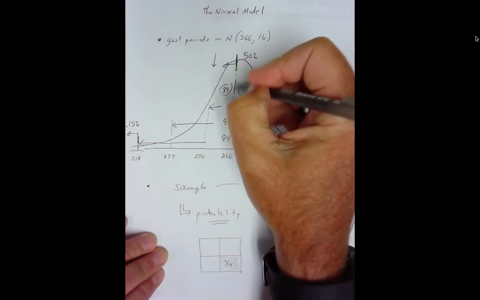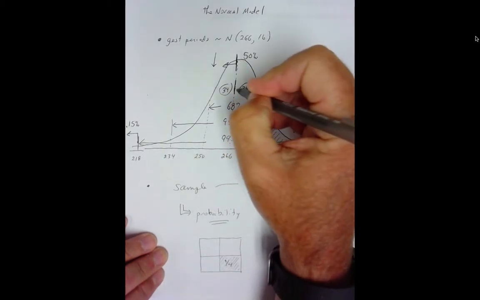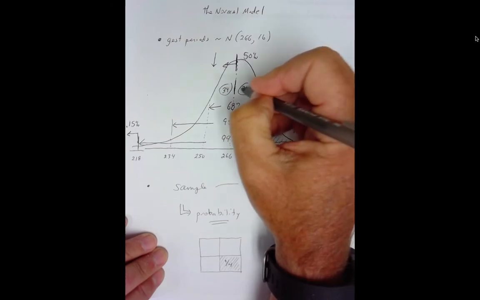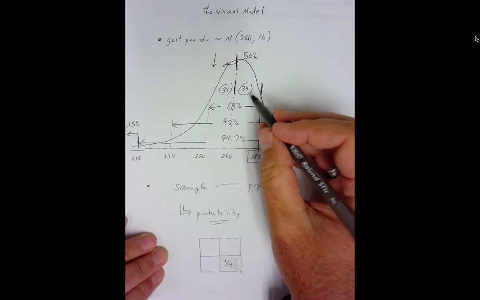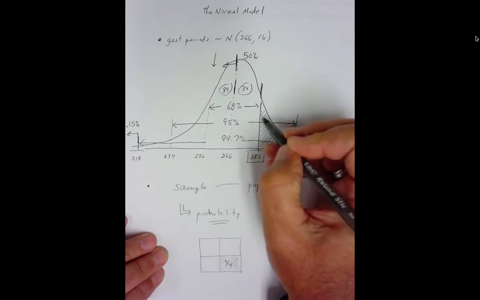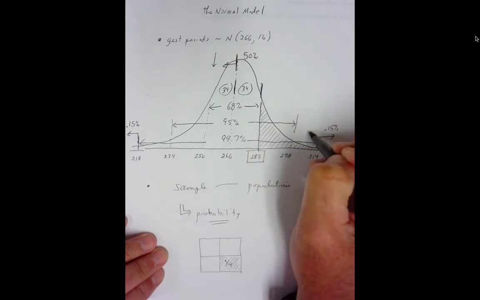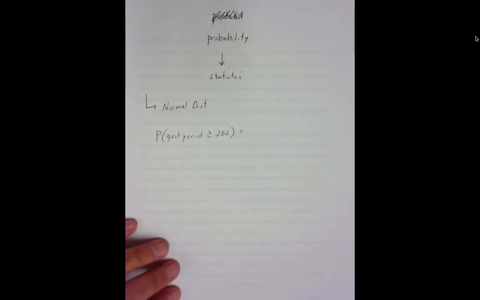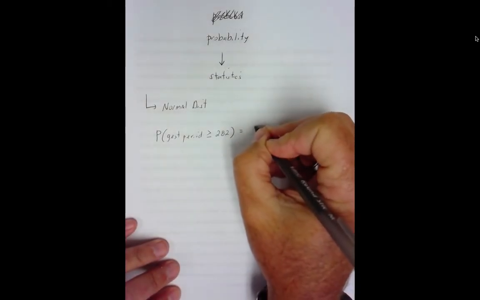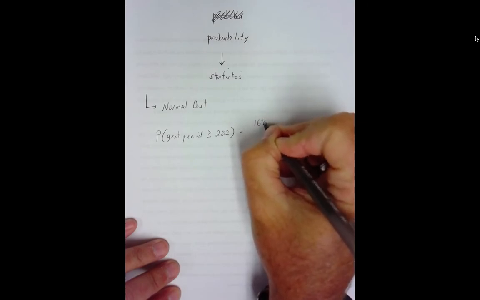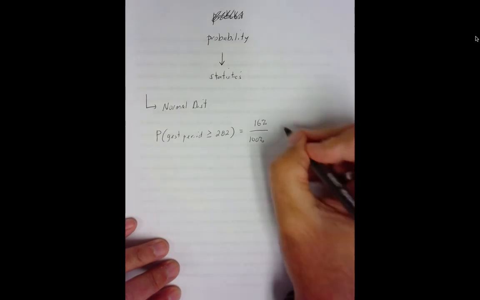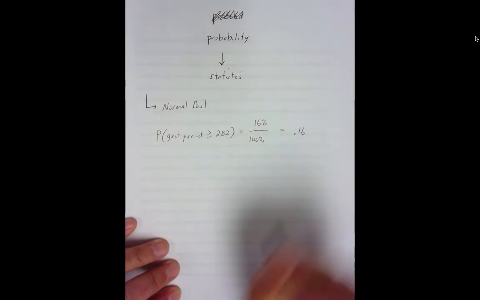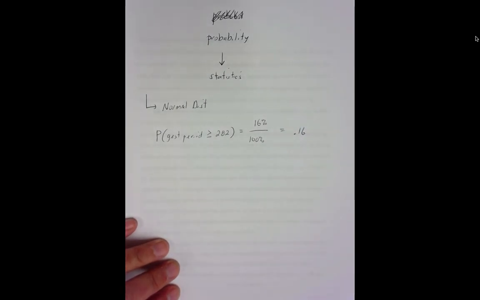So I know in this segment right here, I've got 34% of the area, so 34 plus the 50 that goes all the way down to negative infinity gives me 84, so this part up here has to be 100 minus 84, which is 16. So then I would have 16% out of the total 100% gives me a probability of approximately 0.16.